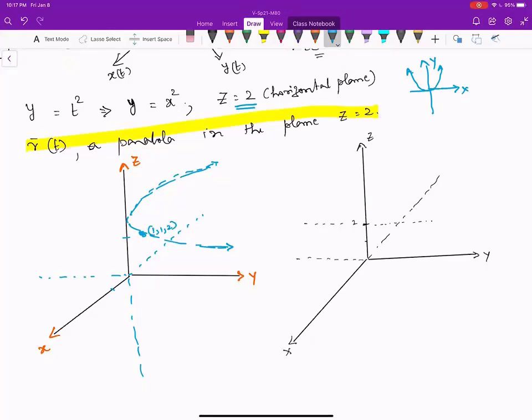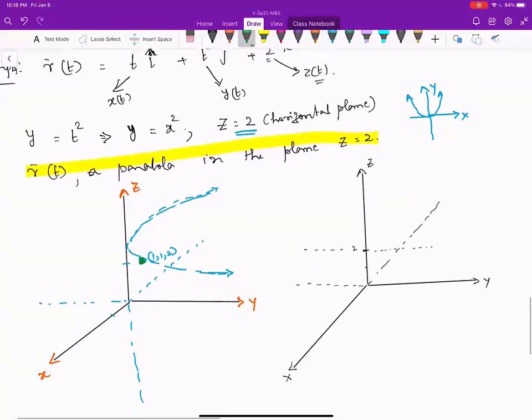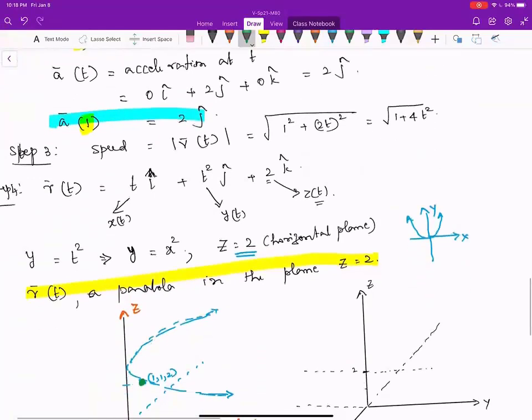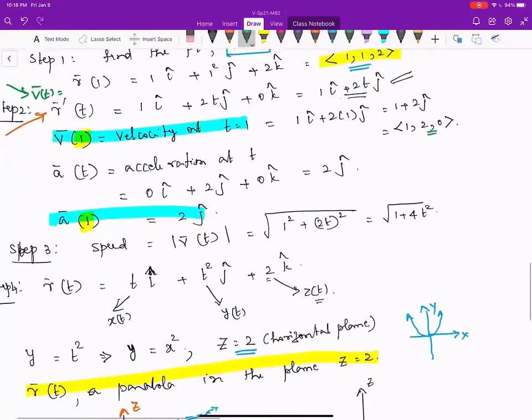At that point, I have to draw the velocity vector and the acceleration vector, right? So this is the point I consider. What is the velocity vector that we found out? It is 1, 2, and the z coordinate is 0. So at this point, 1, 1, 2, I have to consider the vector 1, comma 2.